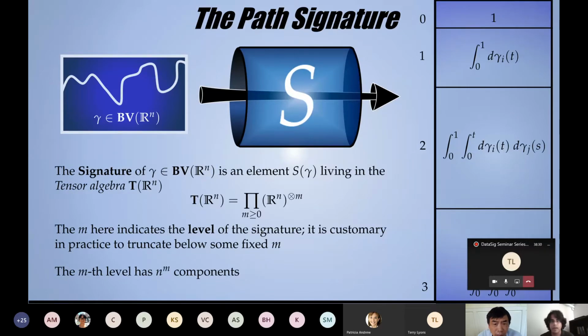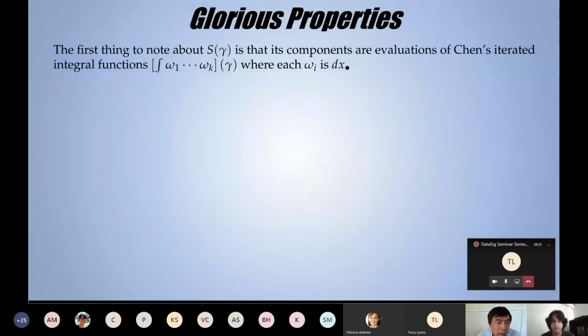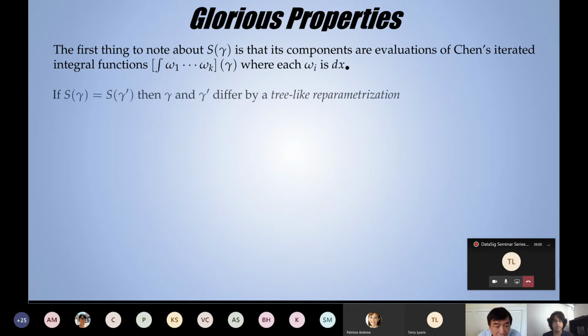It might be helpful to go over some of the lovely properties that the signature map has. This is the part that I'm sure a lot of you understand a lot better than I do. But I want to say that the components in each level of the signature are just iterated integral functions, where each omega I, each one-form that you've chosen, is dx with respect to one of the coordinate variables.